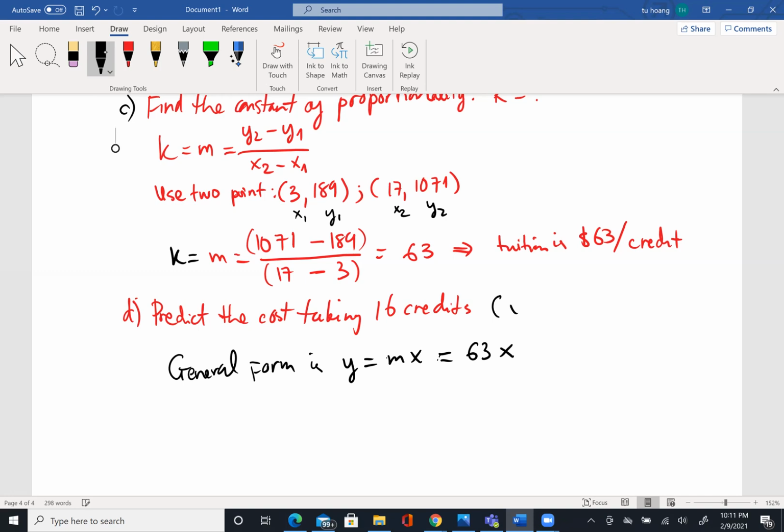In here, x equals 16, right? So y will be equal to 63 times 16. We're going to use a calculator. We're going to have $1,008. So that should be the answer.